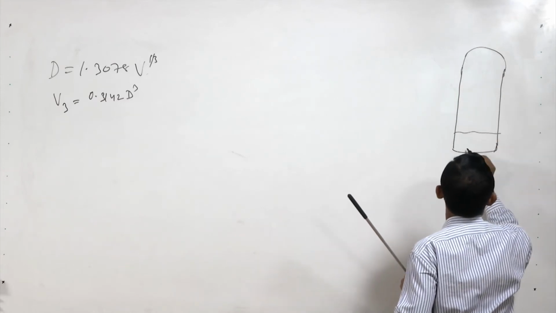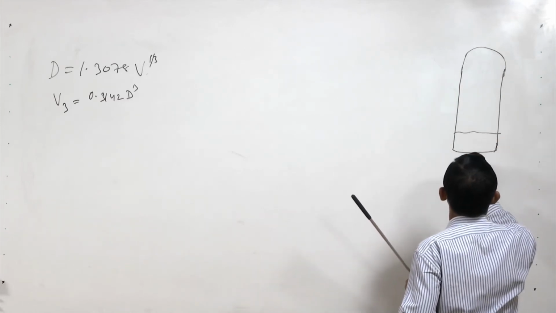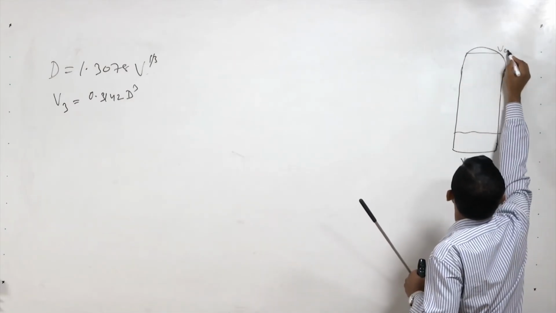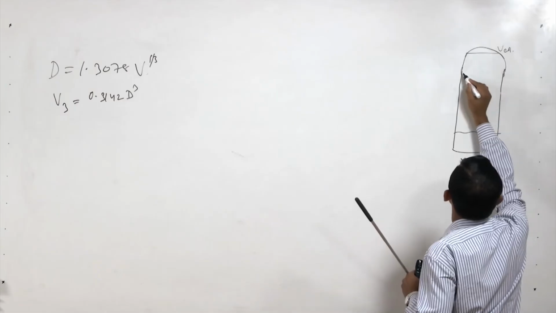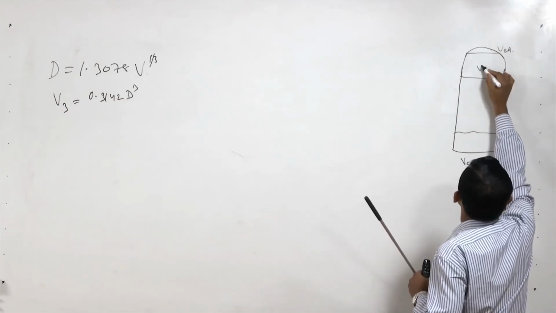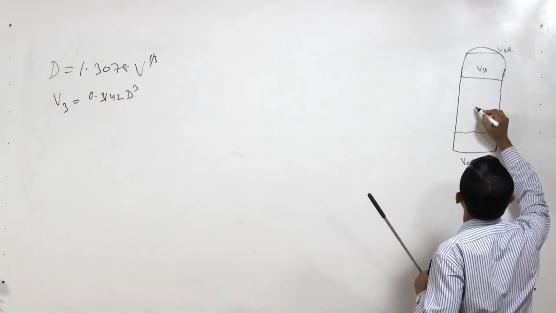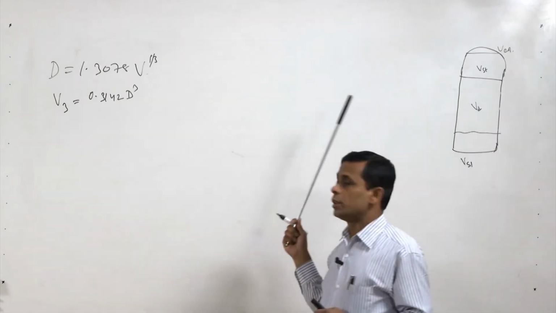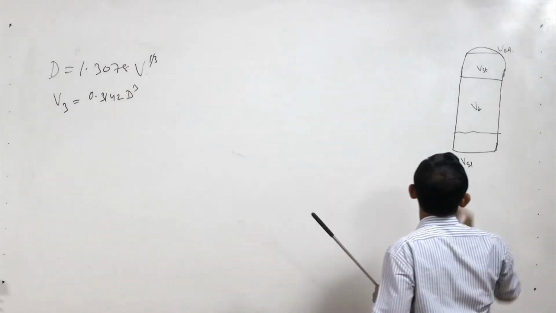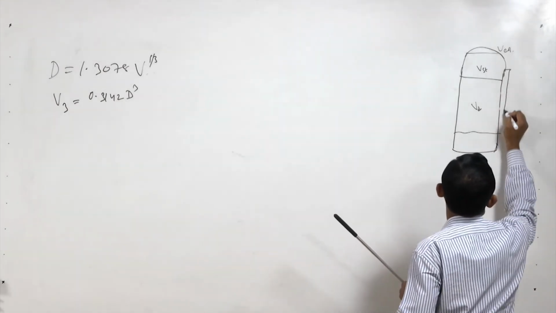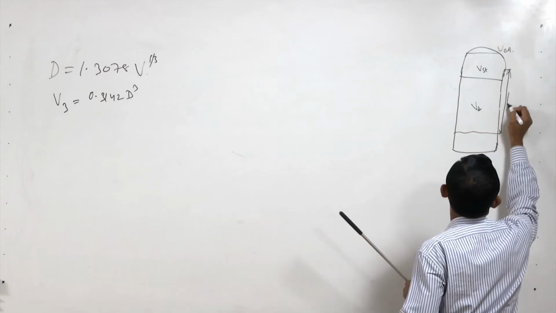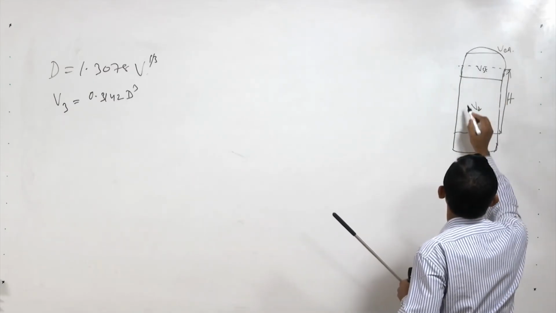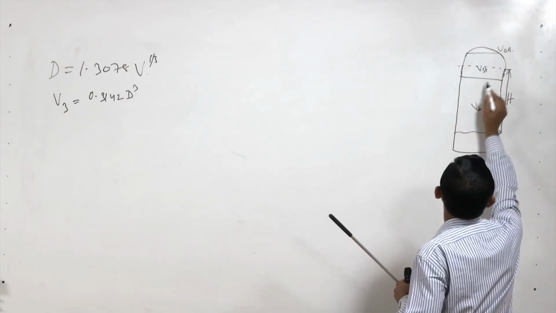So, this is the sludge zone, V sludge, this is the gas collection, this is the storage, and this is the active zone, the VD, and this is your cylindrical portion, this is our H, and the cylindrical portion is equal to V3.